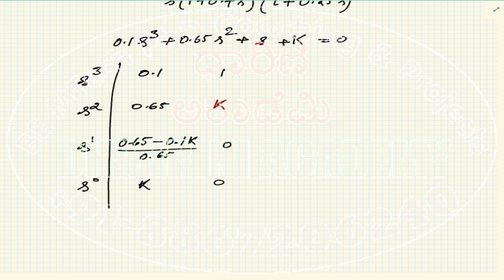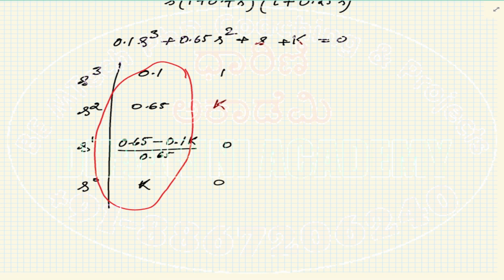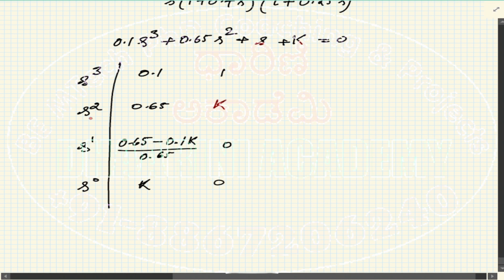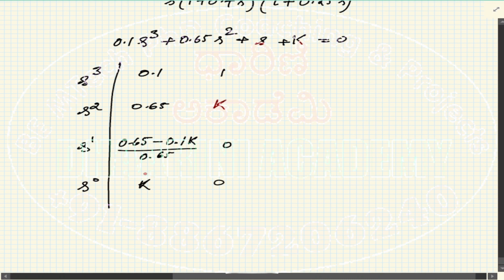When we say there is no sign change, it means all the values in the first column must be positive. Now for what values is this K positive? Any value of K greater than 0. So this indicates that the K value is definitely greater than 0.